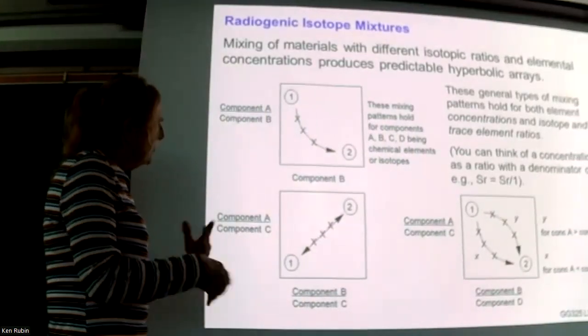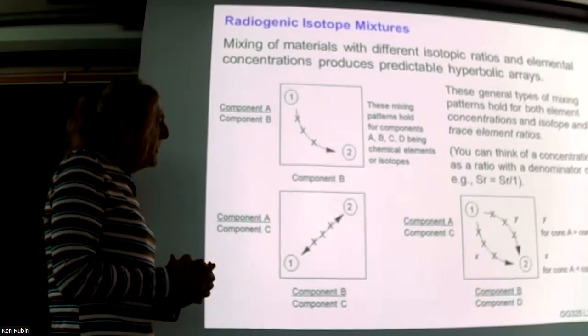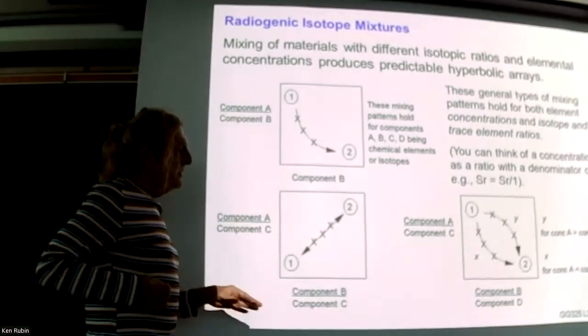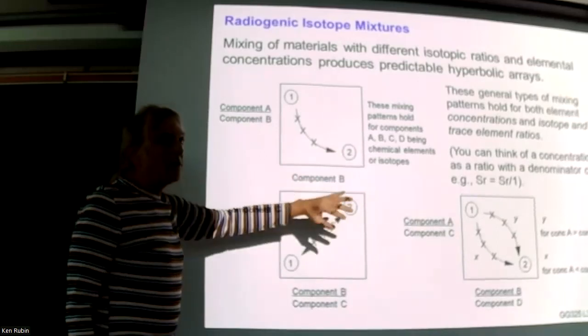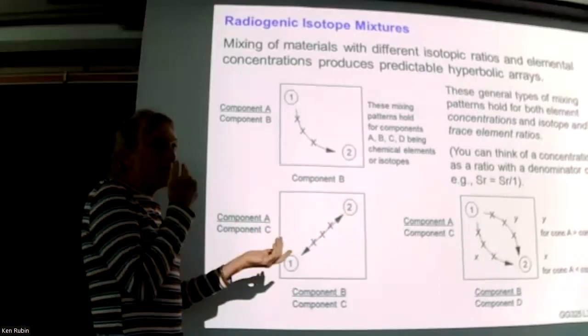So I know some of this is perhaps a little bit non-intuitive, but the point being that we can plot up compositions on diagrams and we can make calculations of different scenarios and see if mixing scenarios of different compositions fit different things.